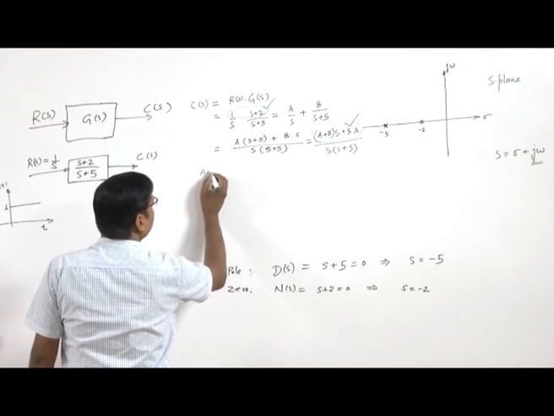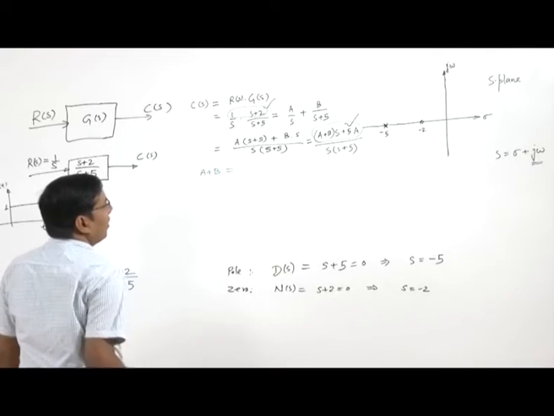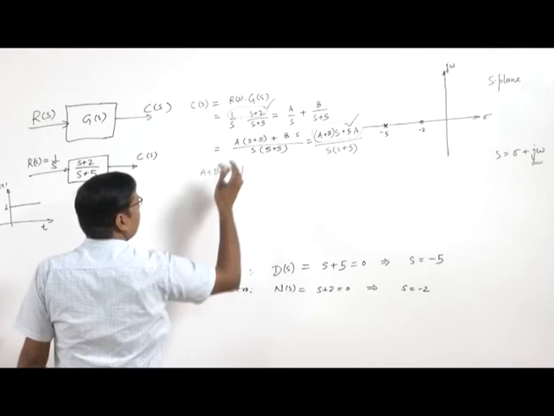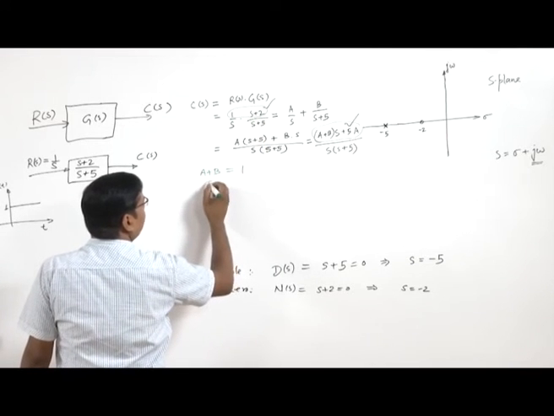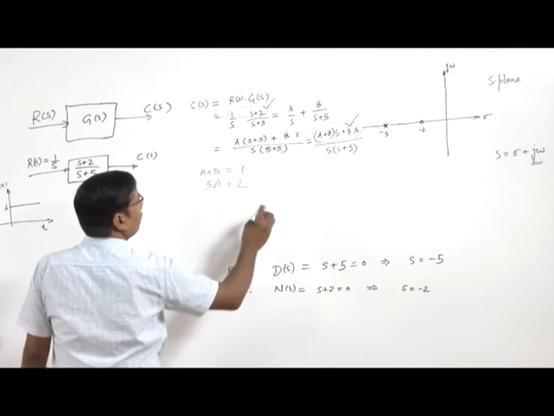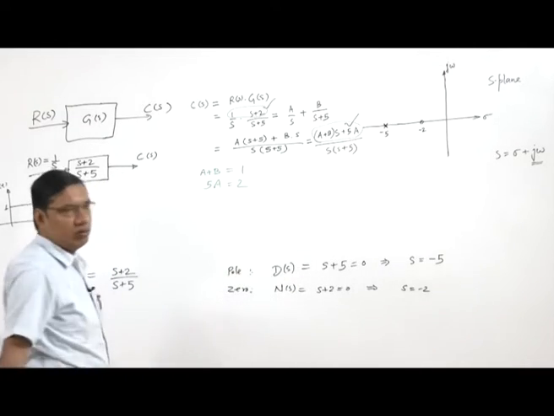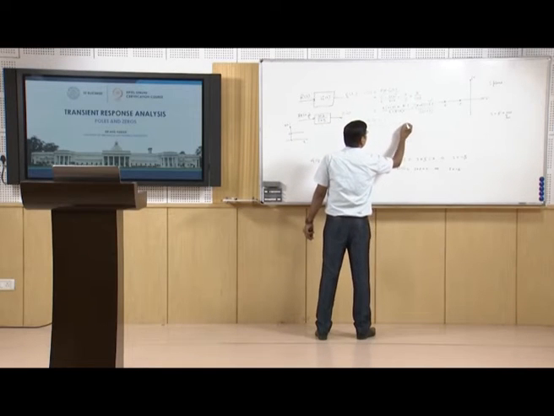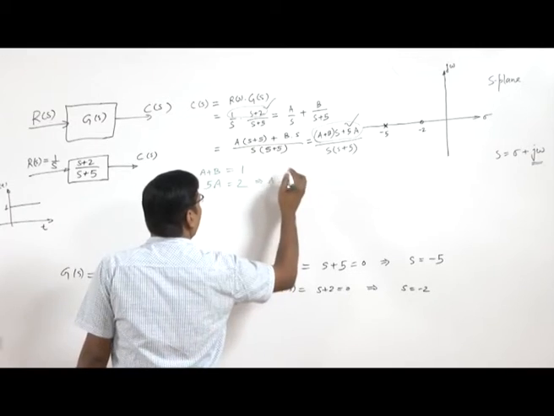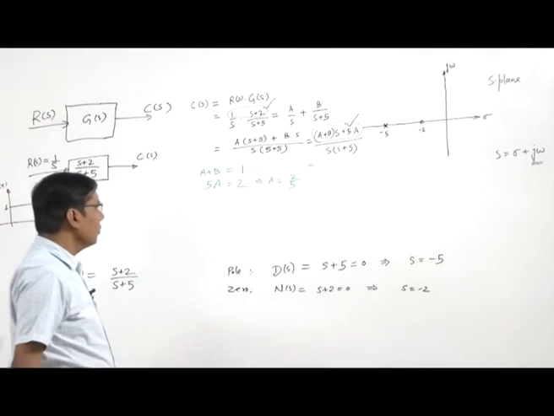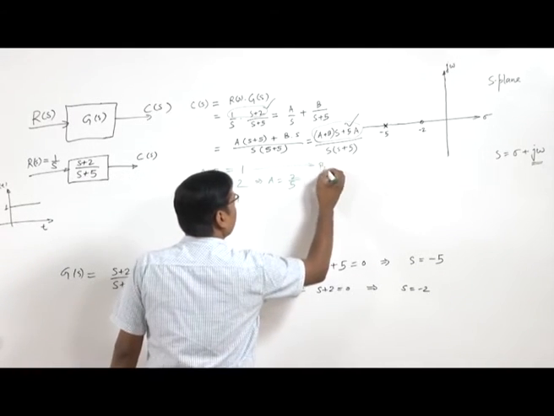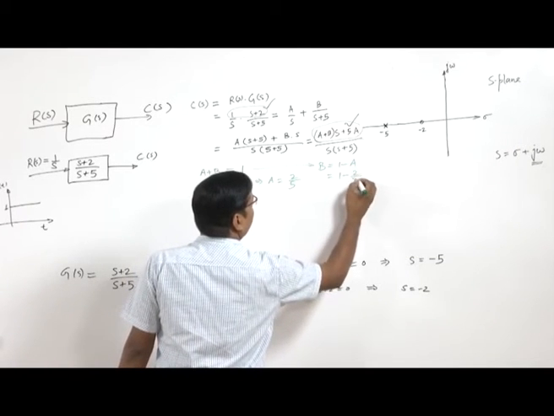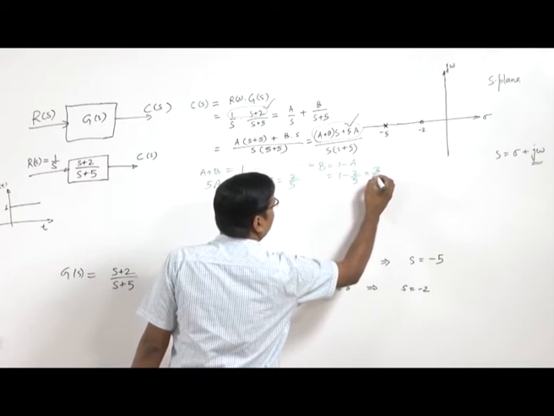So A plus B equals 1, because the coefficient of S is 1, and 5A equals 2, because of the constant term. So here we get A equals 2 upon 5, and from the other equation B equals 1 minus A, that is 1 minus 2 by 5, equal to 3 by 5.